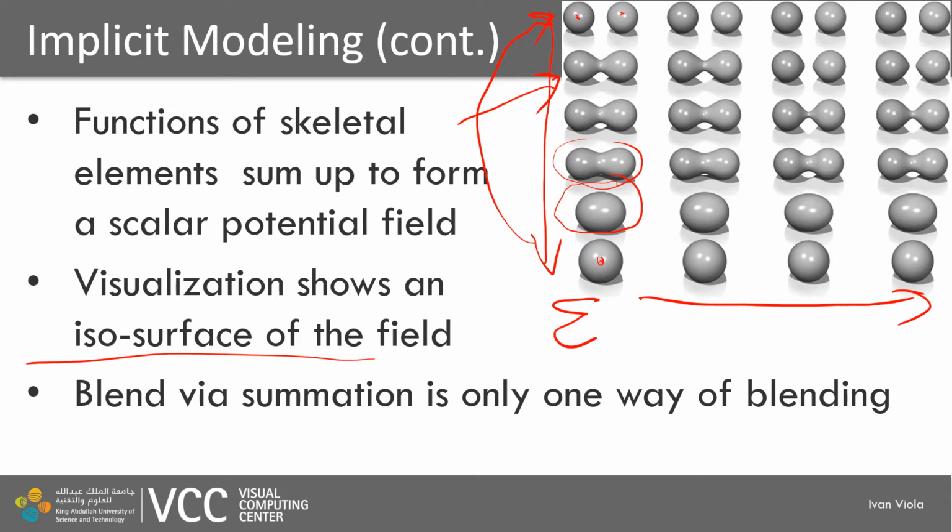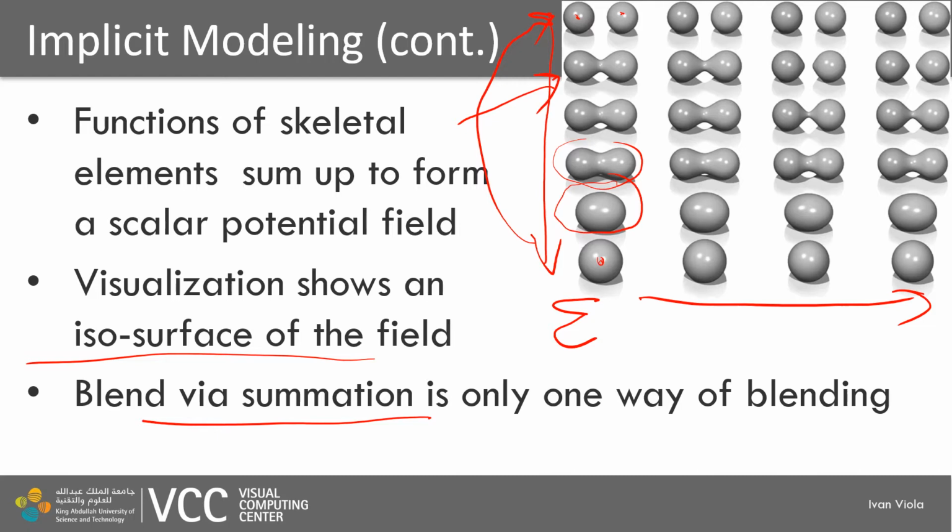So the blend is created through the summation of all the skeletal elements, which are creating the potential field. The potential field of the entire implicit representation is the sum of the potential fields of the individual elements. And the isosurface which is then created forms the geometric representation.